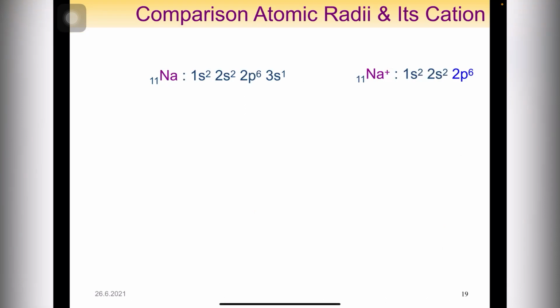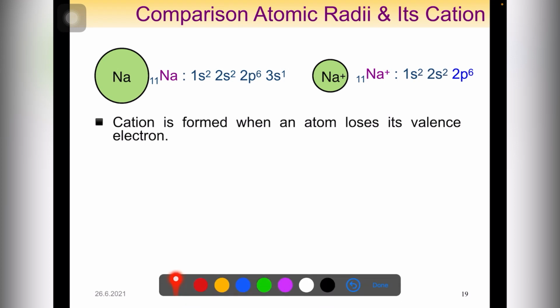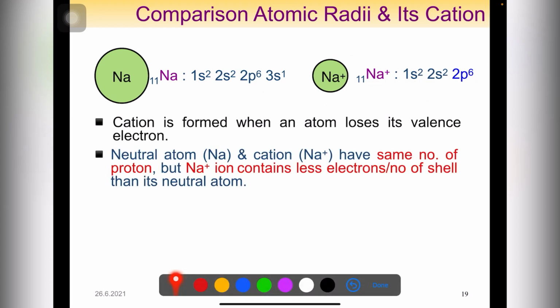Okay, let's see this one. It shows you the electronic configurations, and how the cation forms when it loses one of its valence electrons. Because sodium is in group 1, it will remove 1 electron from the neutral atom to form Na+. So this is the electronic configuration for Na+. You see that the neutral atom and the cation have the same number of protons, but the positive ion of sodium contains fewer electrons, or fewer shells, than its neutral atom.